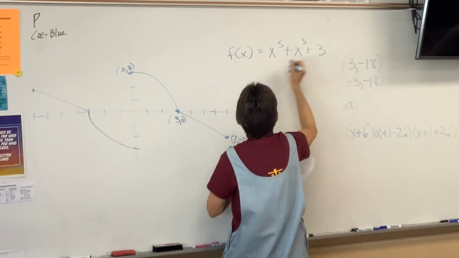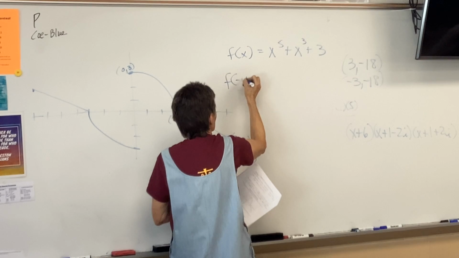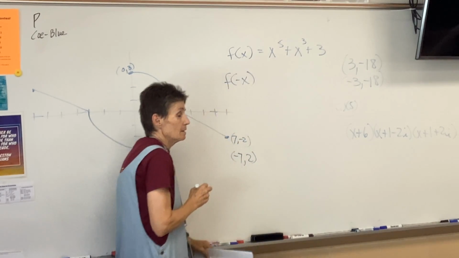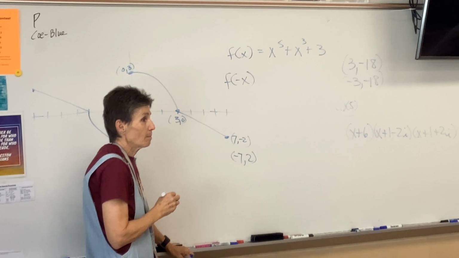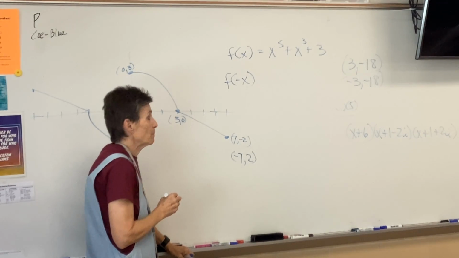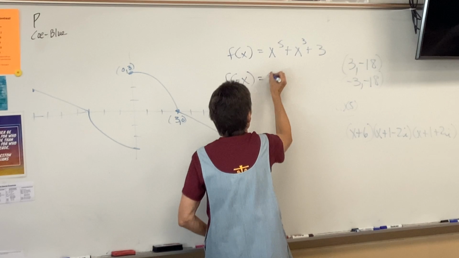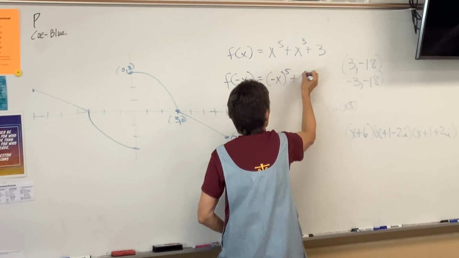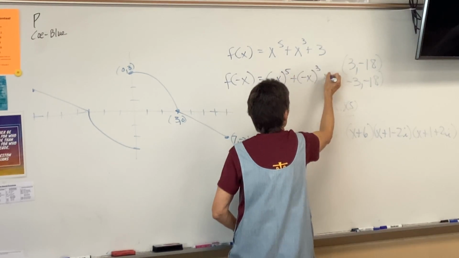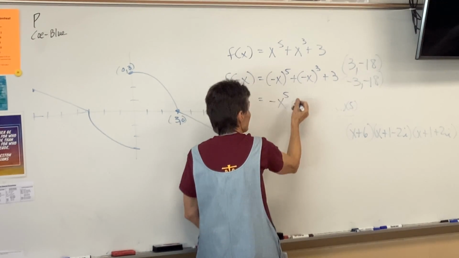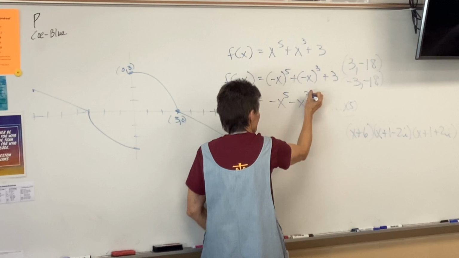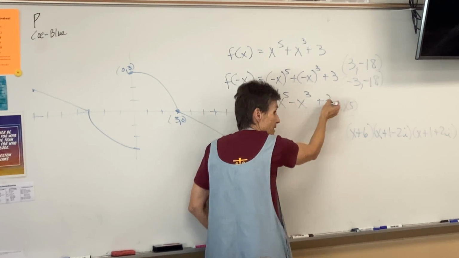Well, real easily. We're going to put in negative x. If I put in negative x, what am I going to end up with? Negative x to the 5th minus x cubed plus 3.